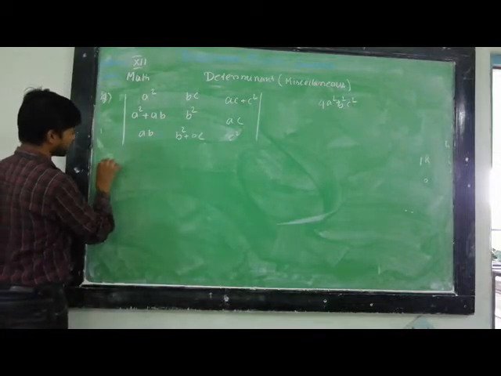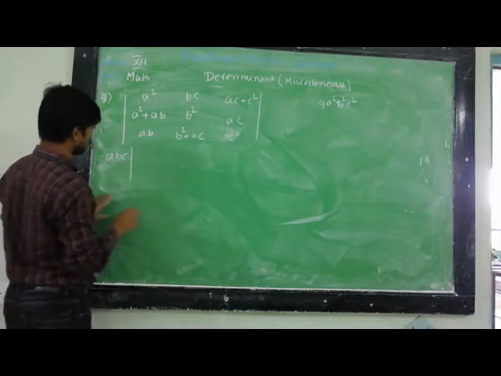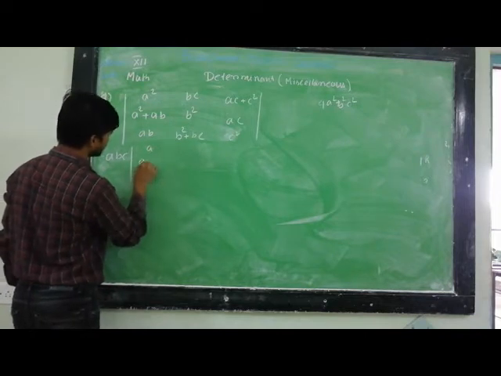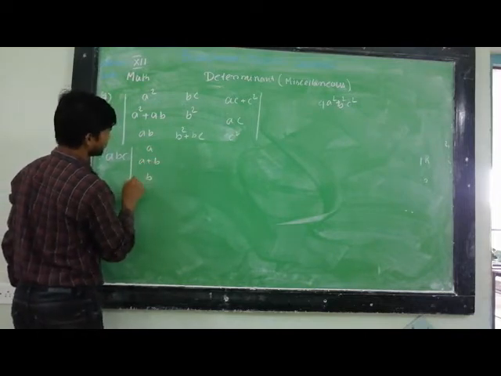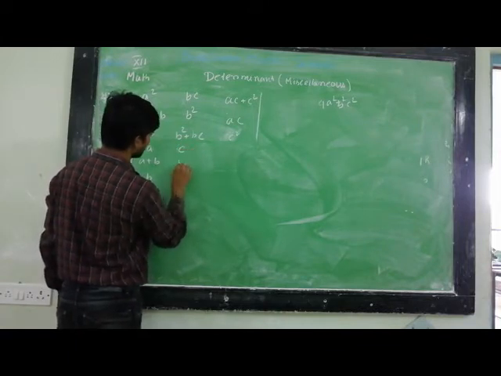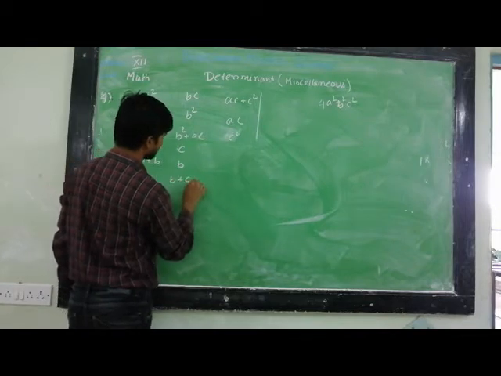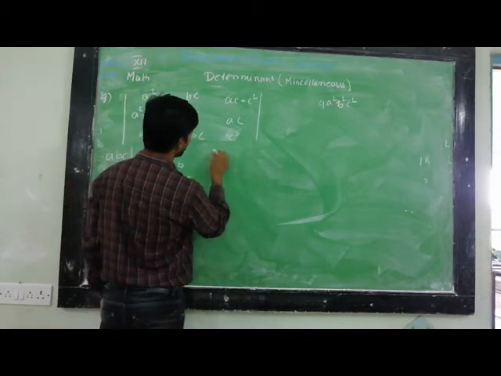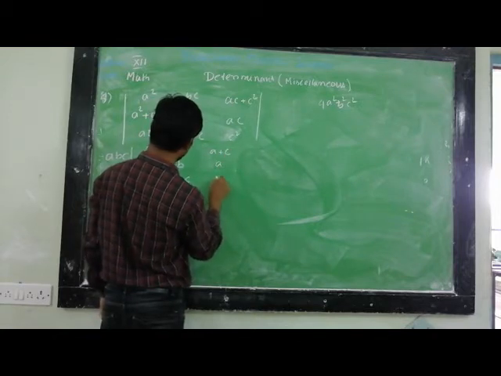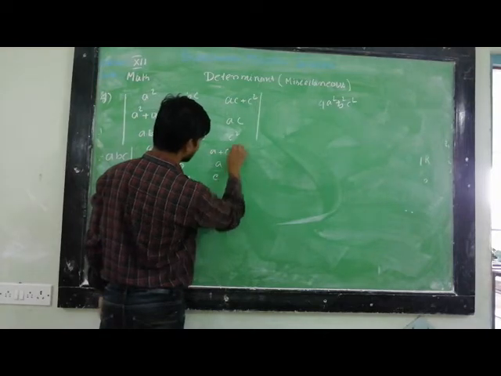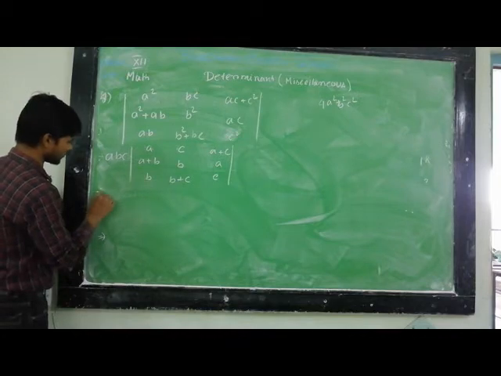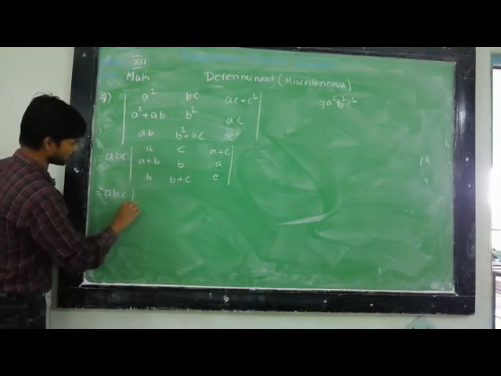We have abc into the determinant of, so if I take a common from the first column, it will be a plus b, b, then c, b, b plus c, then a plus c, a, and c. Right? Now that means a, b, c.